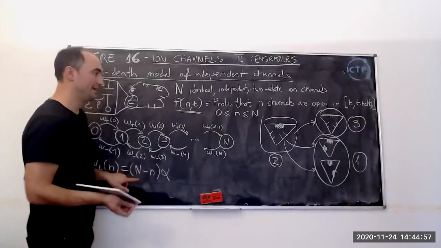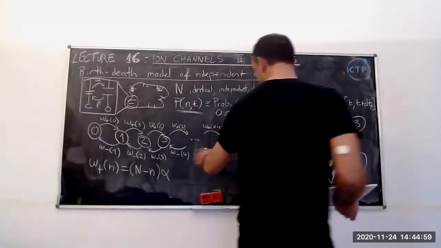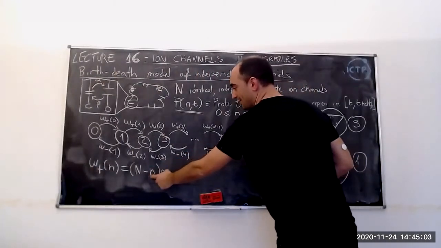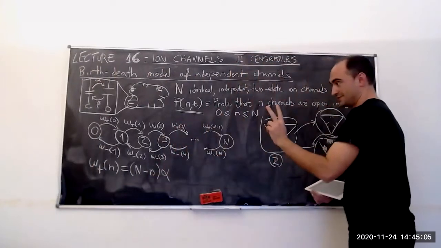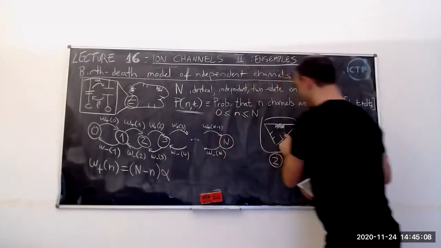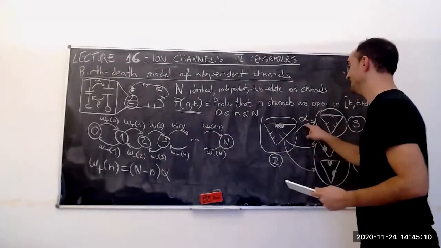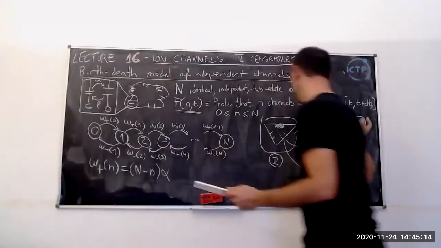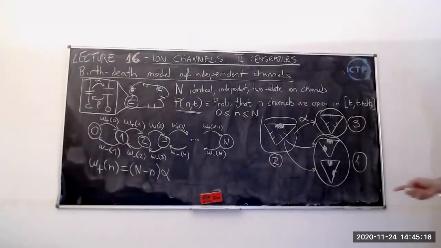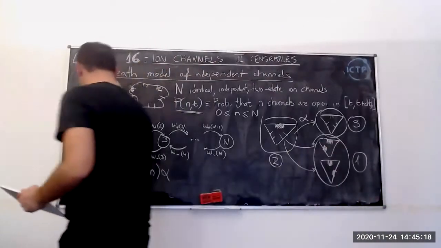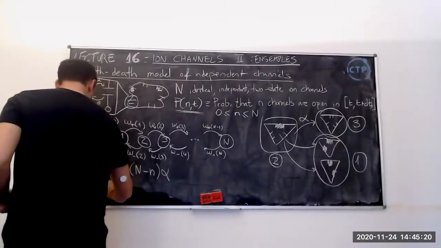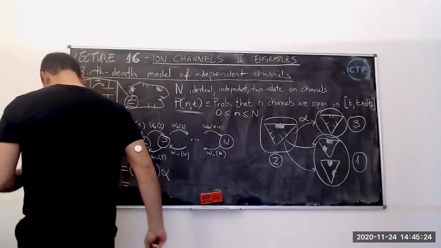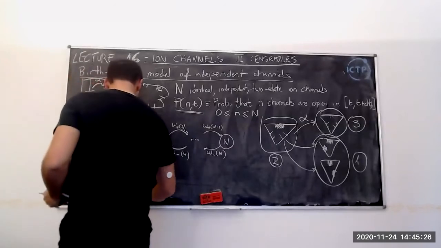Here, big N is 3 channels. Small n, number of open channels, is 2. So 3 minus 2 is 1. So there will be a rate alpha. This makes sense because this is just opening 1 channel. Fine. And now the closing will depend on the number of open channels. Omega minus n will be something like n times beta.